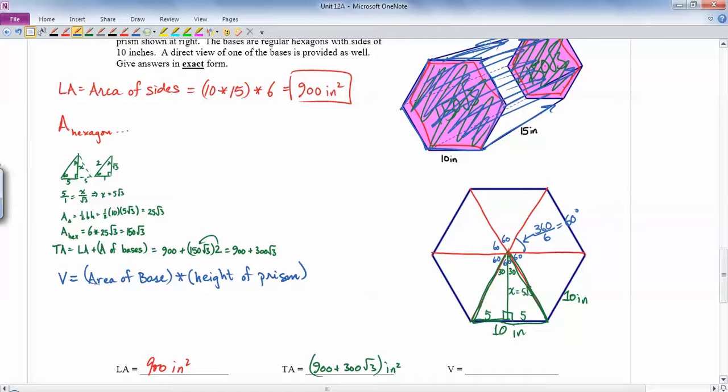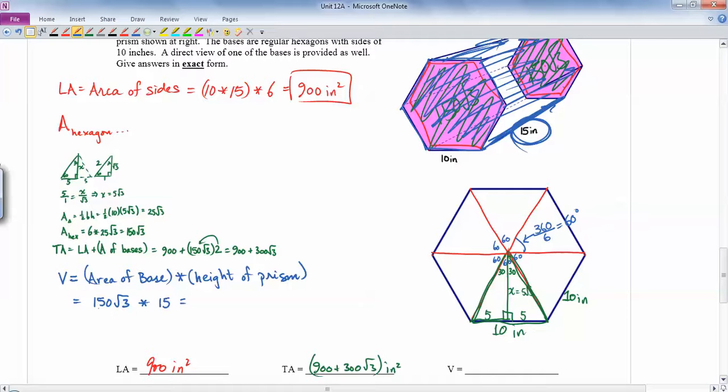Okay, so we're going to take that 150 root 3, the area of the base, the area of the hexagon, and multiply it by the height of the prism, which is actually the length, really. It's just, if you picture it, you turn this thing sideways. So times 15.